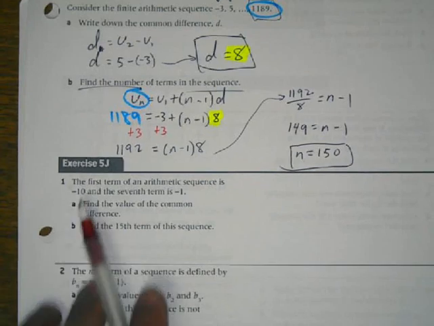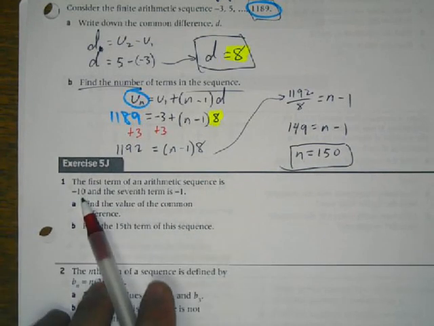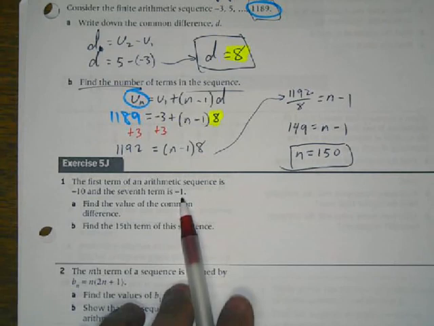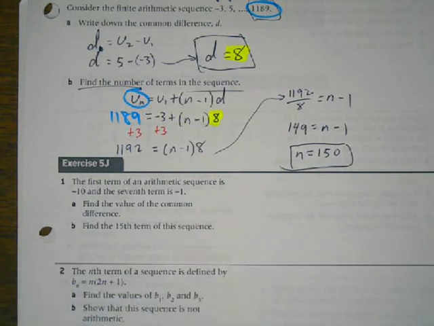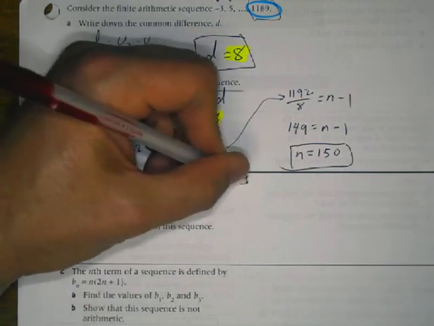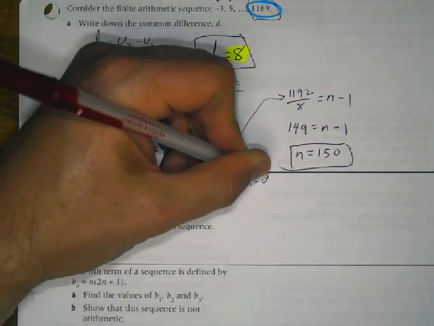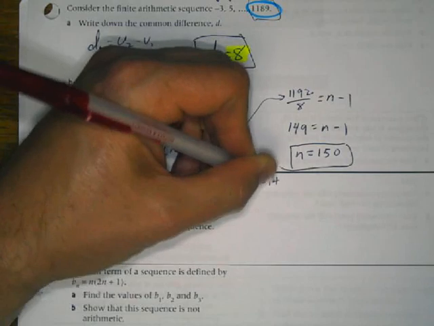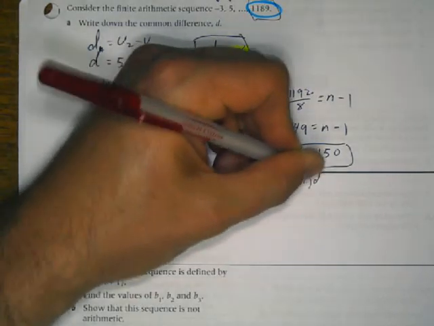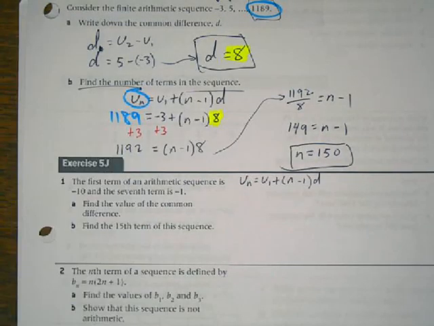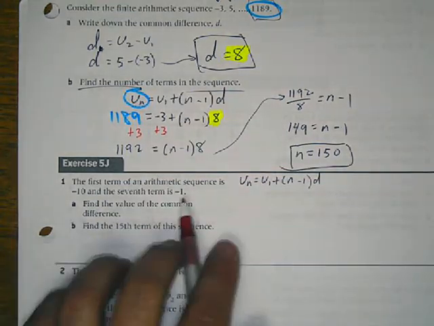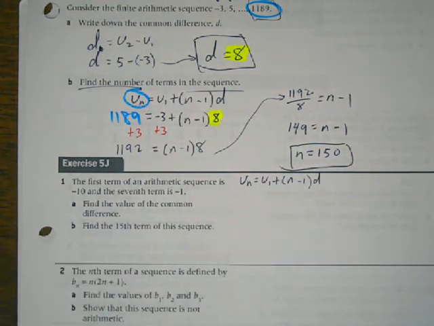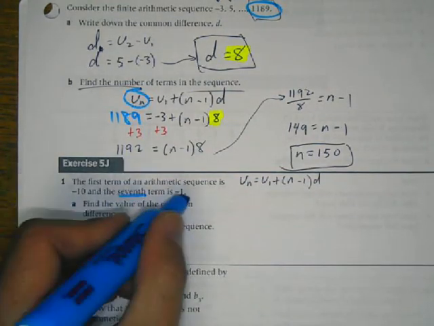Okay, let's do some more problems. The first term in an arithmetic sequence is negative 10. The 7th term is negative 1. So we can start off with our formula. Right, and we know that our 7th term is negative 1.